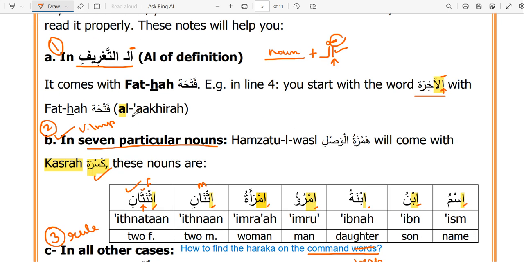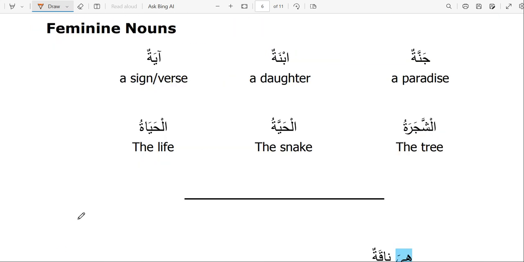Now we come to the feminine nouns. After so many rules, these rules that I have done are very, very important in Arabic grammar. You should be doing them again and again, revising and making a note of everything. These are small details that are very helpful to build your strong foundation in Arabic grammar.